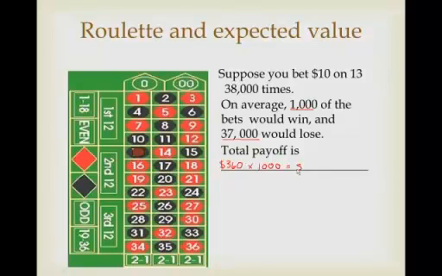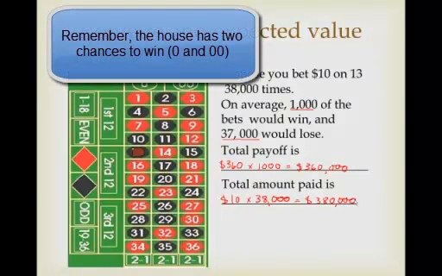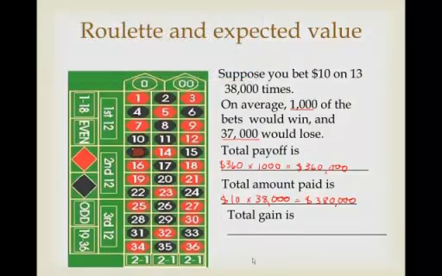So that's going to be 360,000. And the total amount that is going to be paid is going to be $10 times 38,000, right? And that's $380,000.